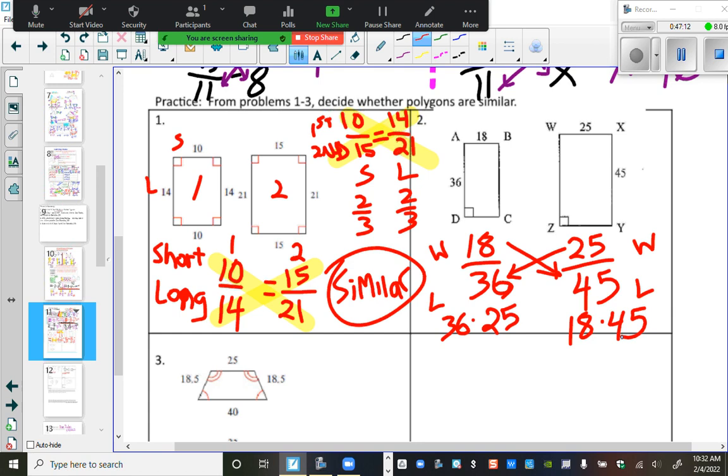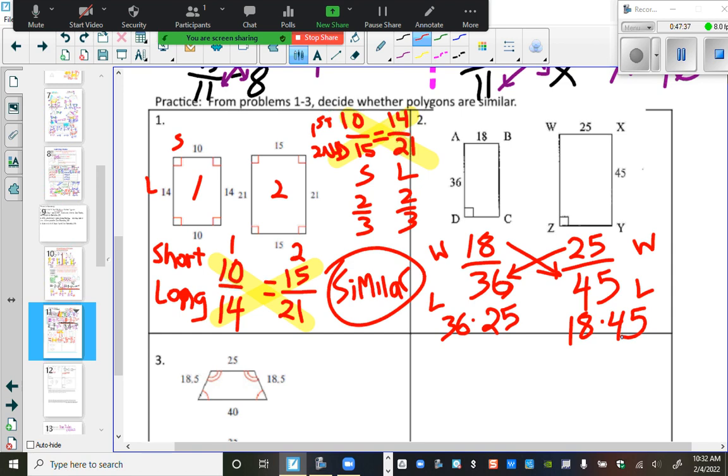Let's check if they get the same result.